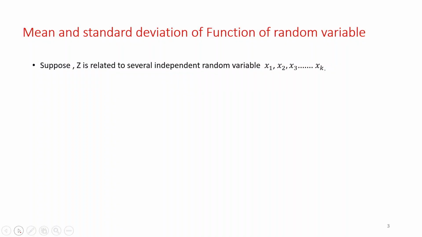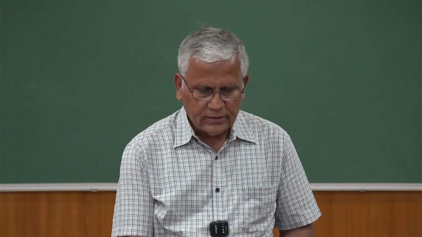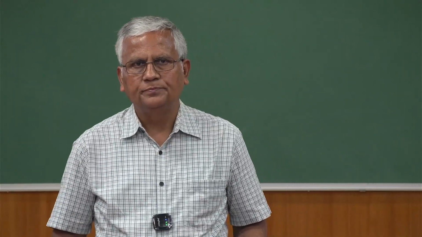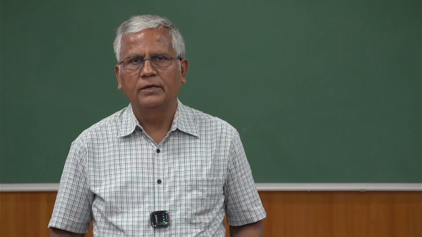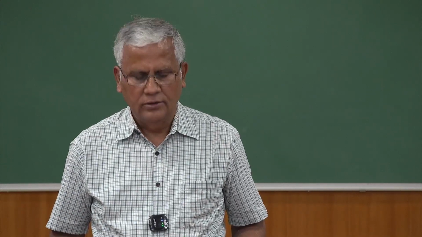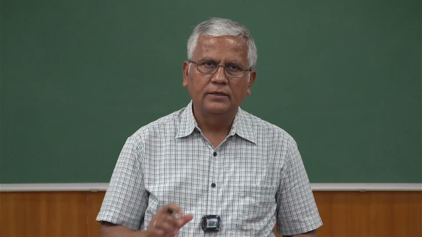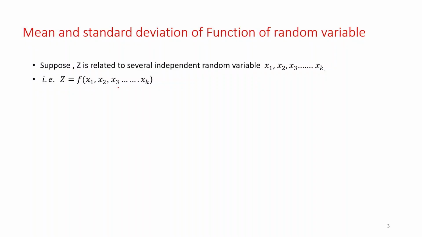So the first thing is, suppose Z is related to several independent random variables x1, x2, x3 up to xk. That means Z is a function of so many independent variables, x1, x2, x3 up to xk, k independent variables.